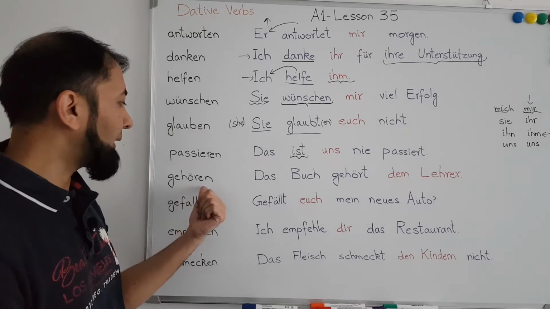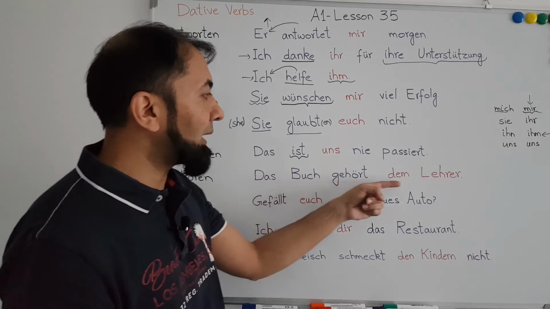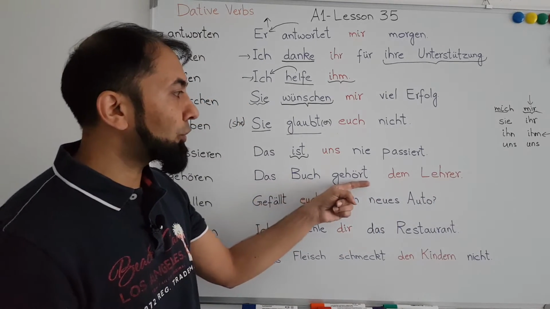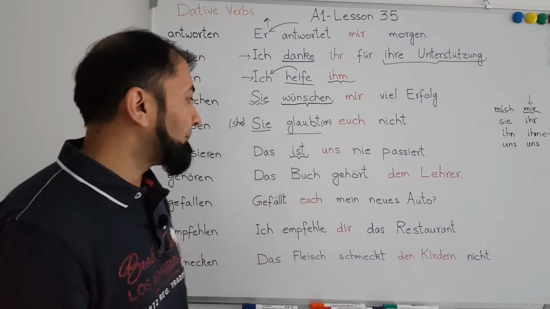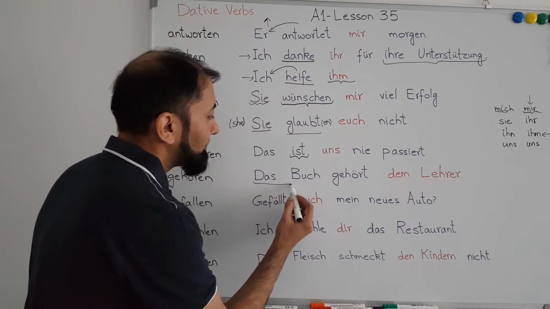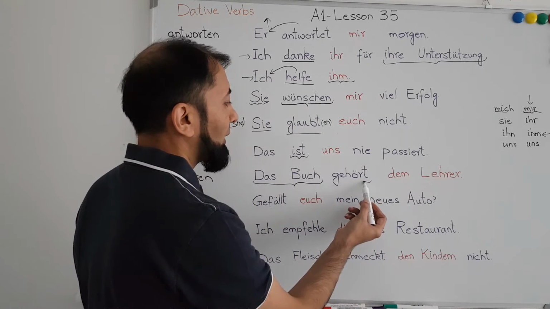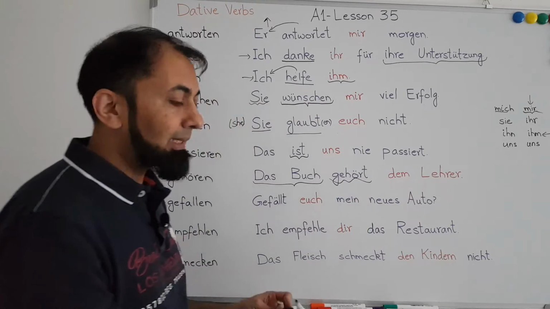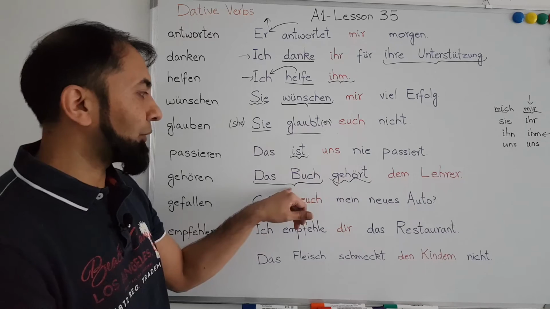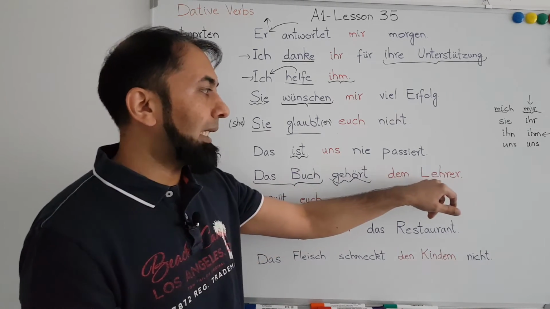Next is gehören. Gehören means to belong. Das Buch gehört dem Lehrer. This book belongs to the teacher. Now in this sentence, again, the first position is for the subject. The second one is for the verb of the sentence, which is gehören, and it is conjugated with respect to das Buch, so it becomes gehört dem Lehrer.